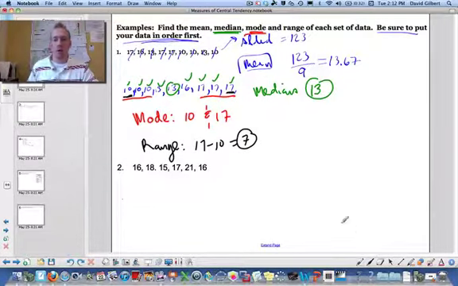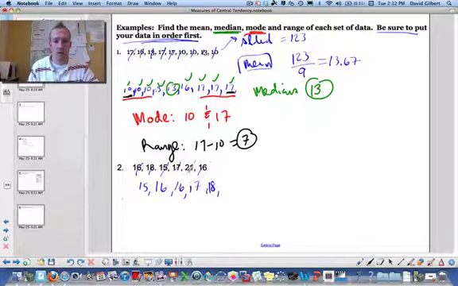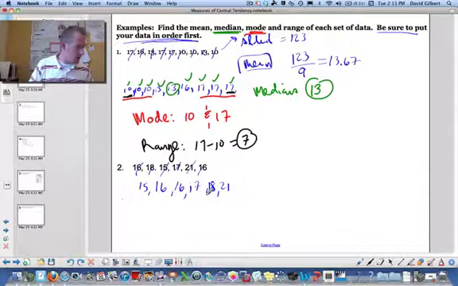Alright, so here we have another list of numbers. I'm going to rewrite these in order. So I have a 15, it's my smallest, and then I have 2 16s, and then I have a 17, an 18, and a 21.